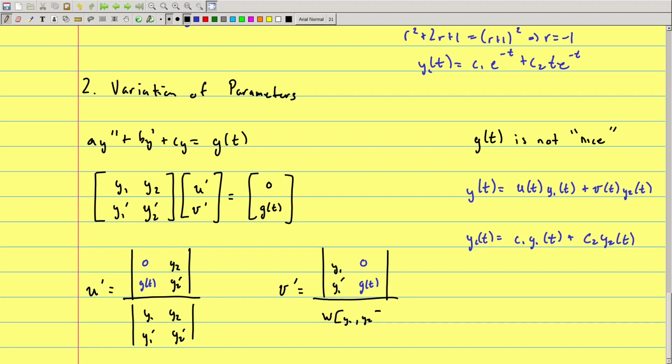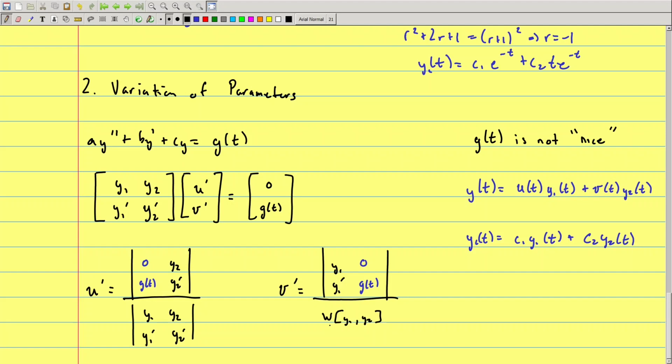And I will write it this way to remind you all that the bottom determinant in the denominator is actually just the Wronskian of y1 and y2. What this does is give us expressions for u prime and v prime, and once we have those, we integrate them to get u and v.